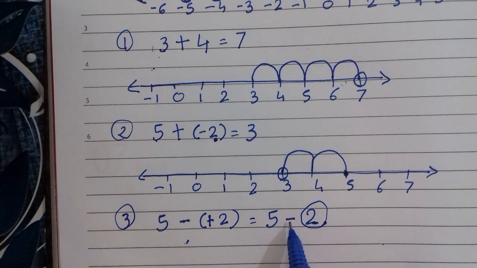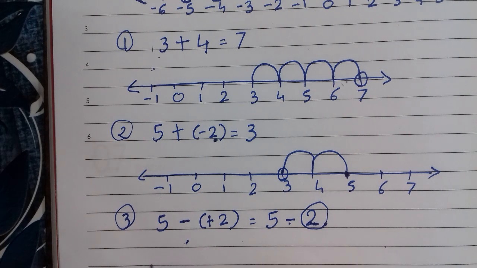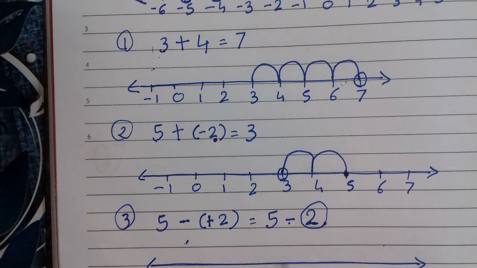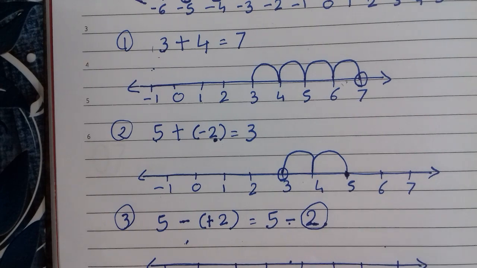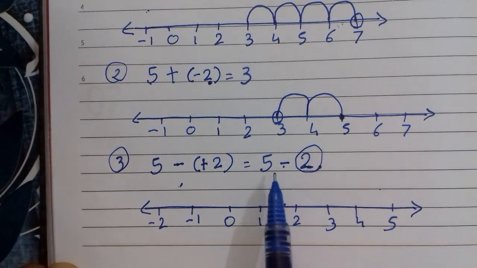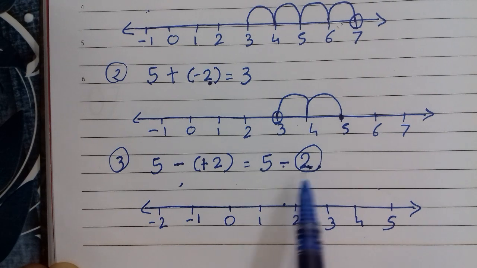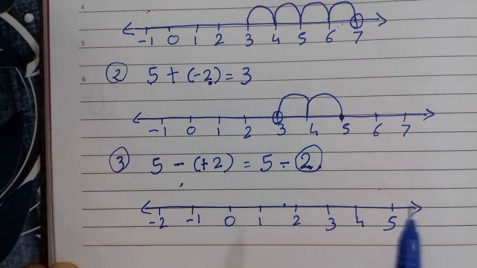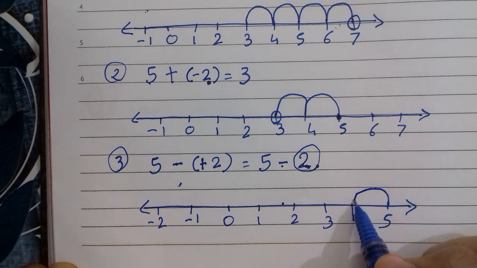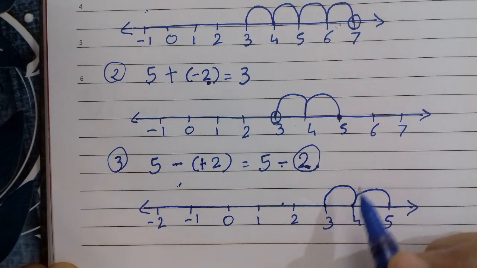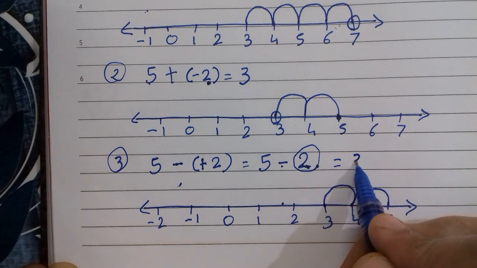If you want to subtract a positive integer, we move to the left from the first integer. So move 2 steps left from the first integer 5. Here the answer is 3.